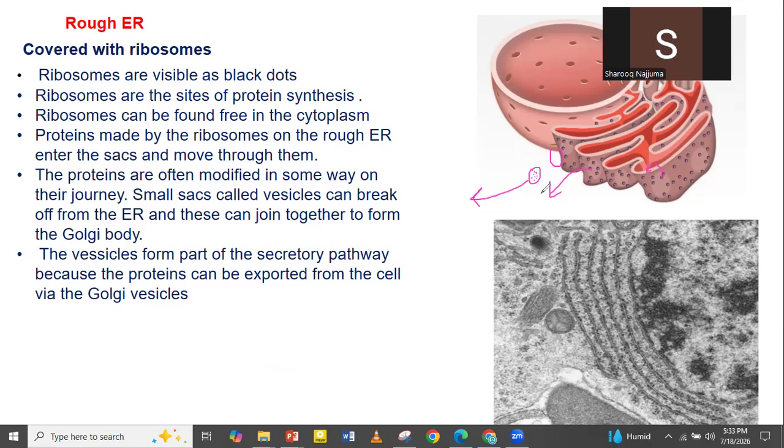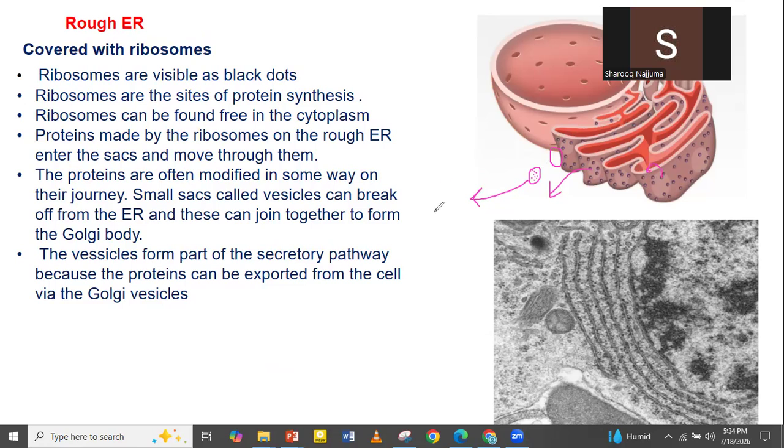And those vesicles that bud off from this RER are used in secretion. Remember, secretion is releasing substances either into the cell or out of the cell. Like this vesicle could go fuse with a cell surface membrane and pour the contents outwards by exocytosis.